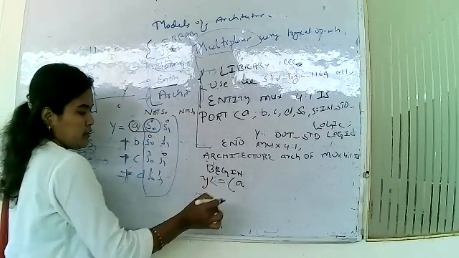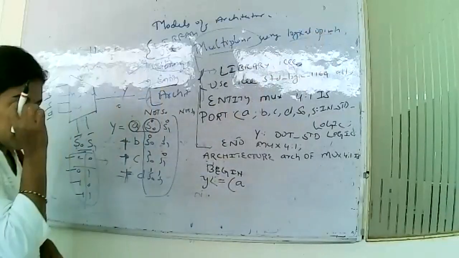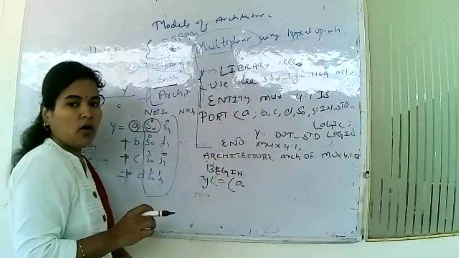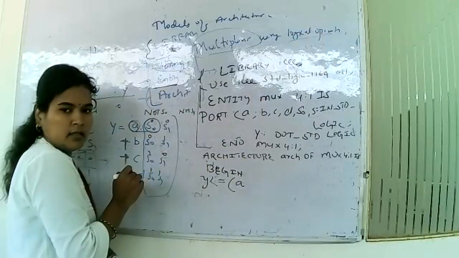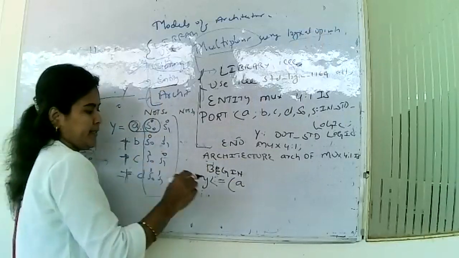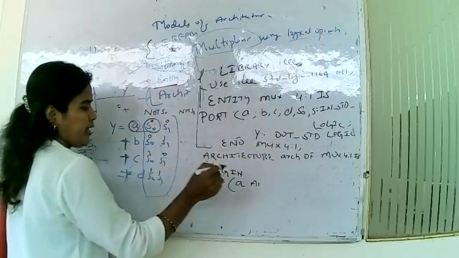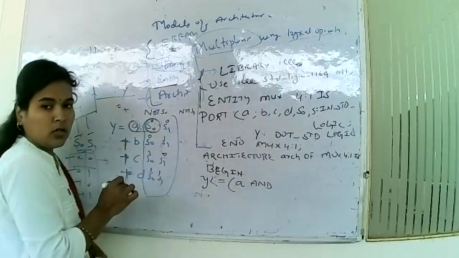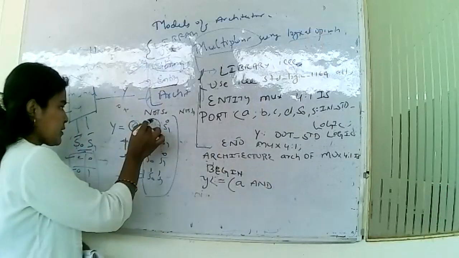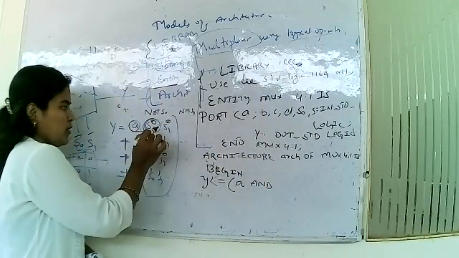So how to write this? A as it is. What are we using here? Logical operators. Logical operators means and, or, not. A, then dot means and. If it is plus, then it is or. So A and not of S naught, for the first selection line 0, 0. The next selection is 0, 1.